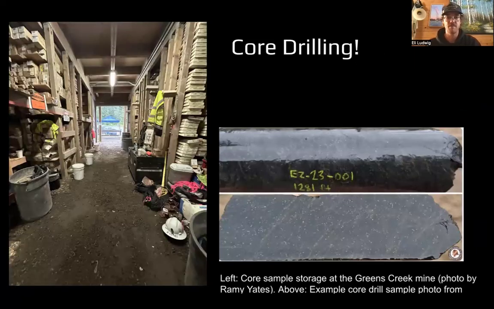So as part of the different techniques, there are many different techniques. What I wanted to look specifically at, because we do it a lot in Alaska, is core drilling. So this is an example of the Greens Creek mine core storage shed on the left there, and some examples of cores. And this is where you are drilling down and pulling out the cores and looking at them and logging them.